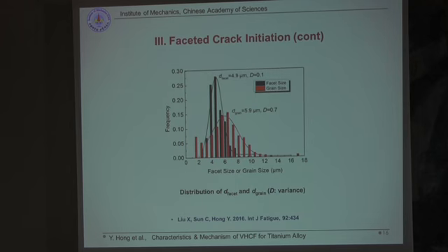And we measure the size of facets located in the initiation region, and also compare the alpha grain size distribution. And we may see that the facet distribution and the alpha grain distribution are almost consistent with each other.